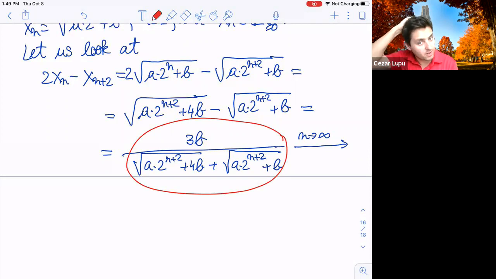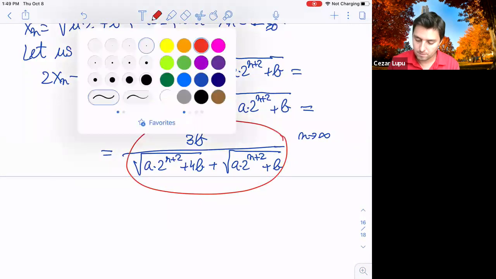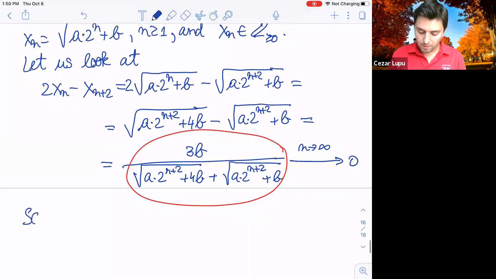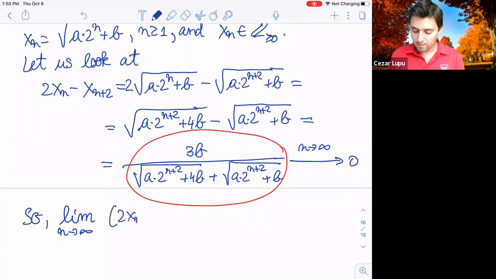As n approaches infinity, the denominator is infinity, so this approaches 0. So the limit as n approaches infinity of 2x_n minus x_{n+2} is 0.